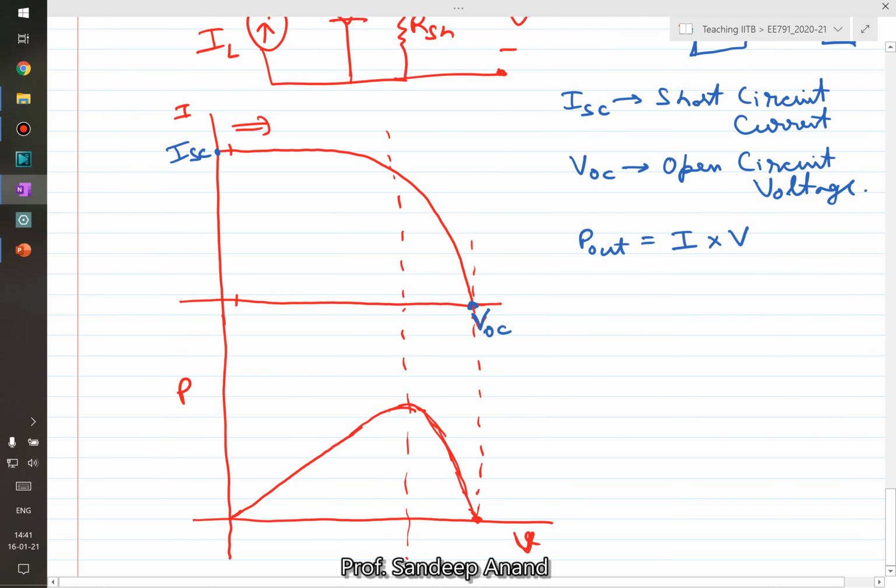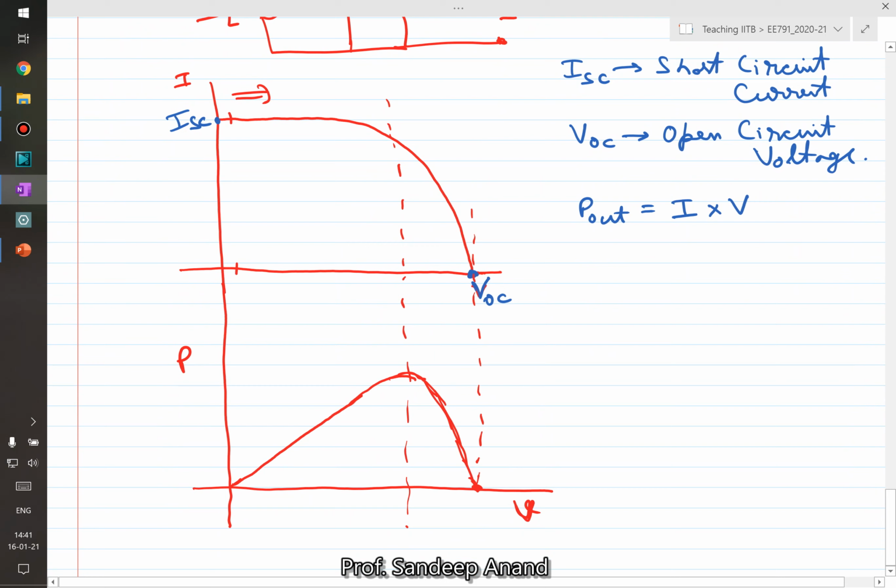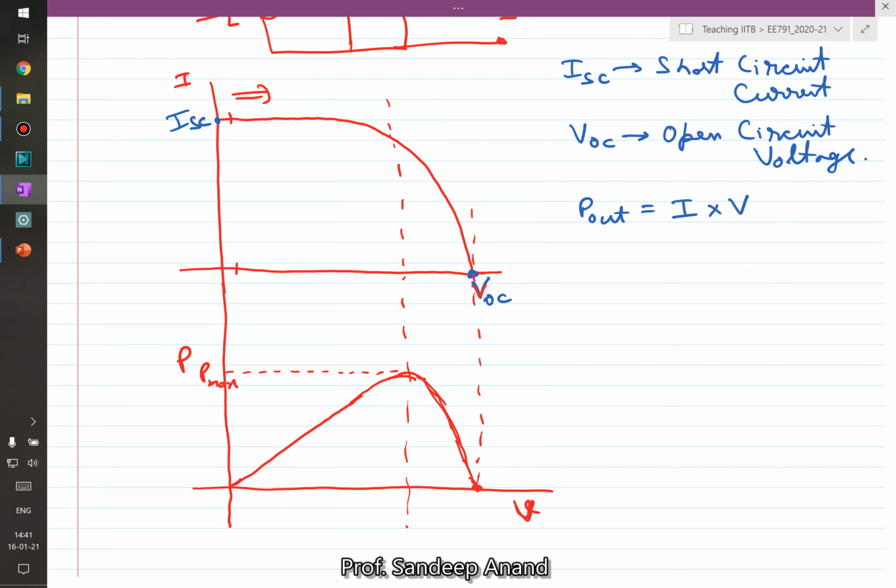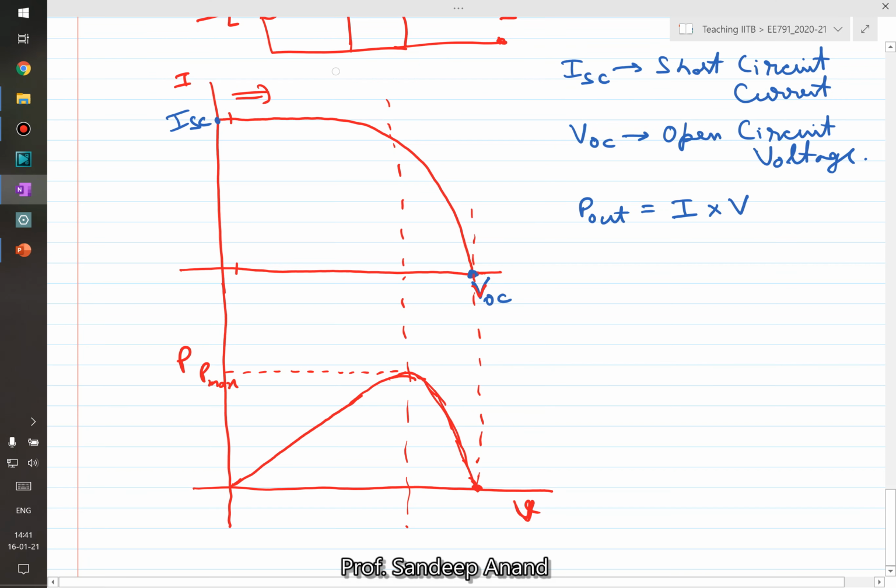So now I can define some parameters with respect to this also. Let me call this point the P max. Let me use blue color. This is P max.